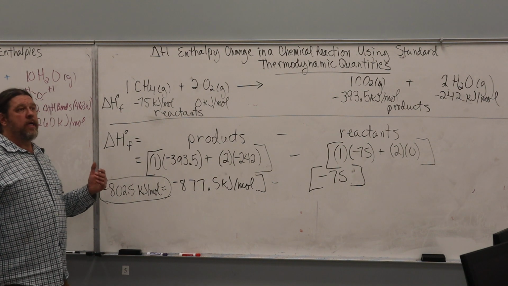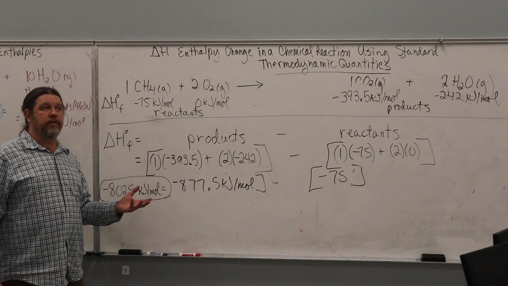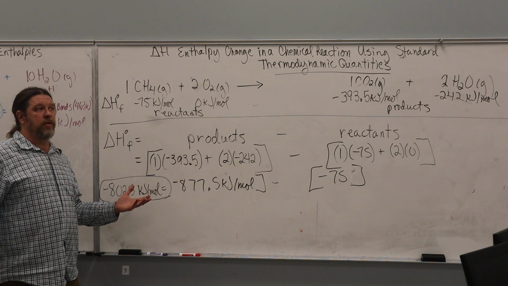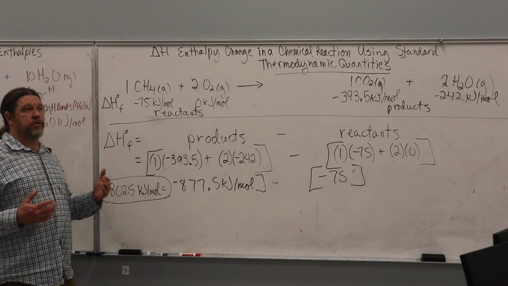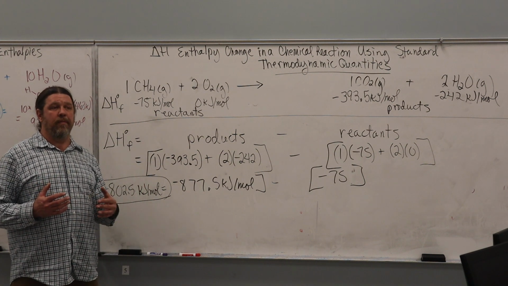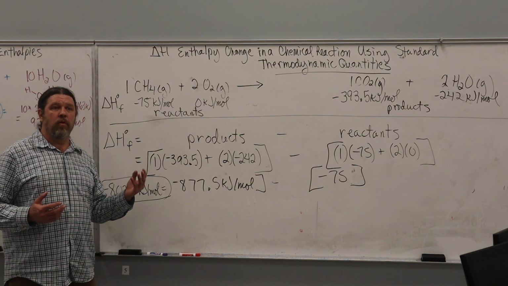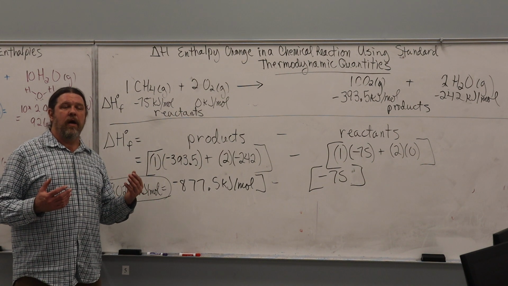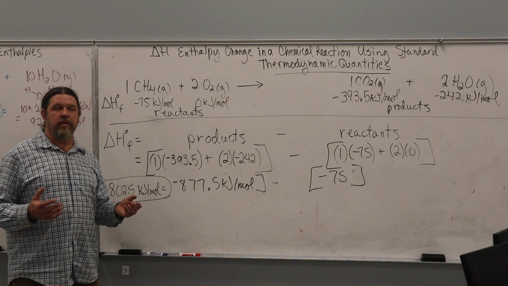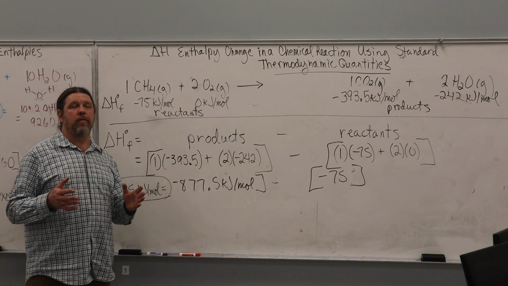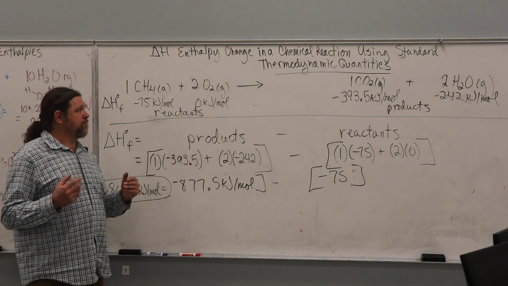So if you look in the appendix of your textbook, and pretty much any chemistry textbook's appendix, you will see a standard table of thermodynamic values for the change in enthalpy, change in Gibbs free energy, and then, instead of kilojoules per mole, joules per mole entropy.